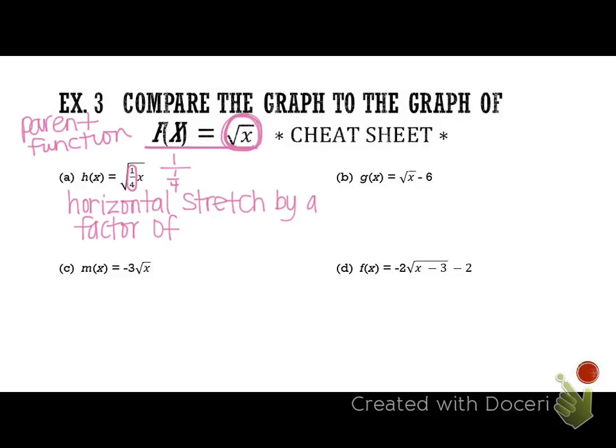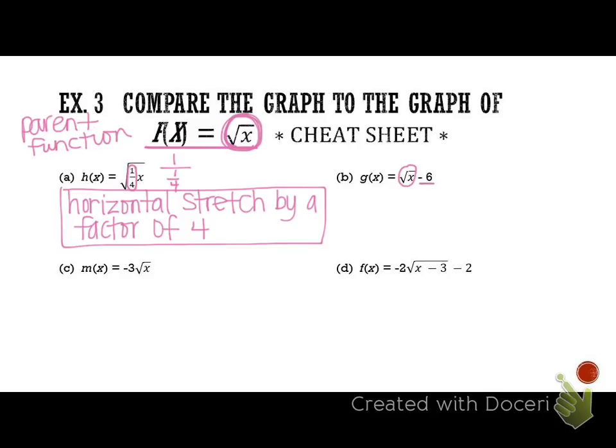Now, if you grab your calculators and do that, 1 divided by 1/4 is going to give us a 4. So our horizontal stretch is by a factor of 4. So make sure you're very, very careful when it's a horizontal stretch or shrink because you can't just use the number that you see.